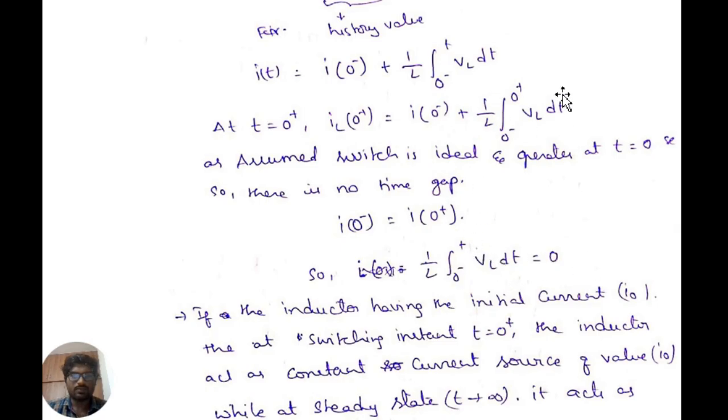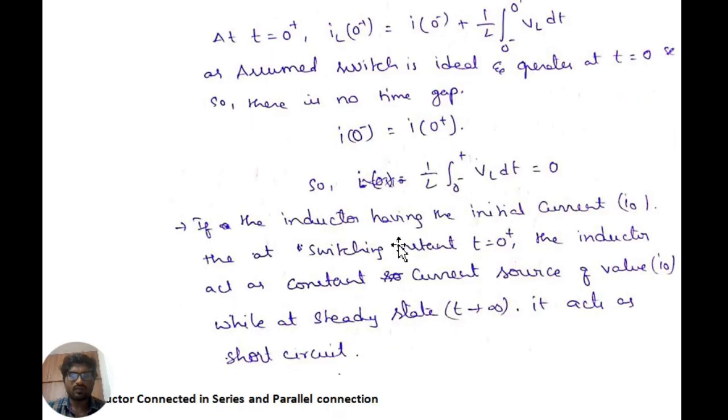So this term is 0. So here I of 0 minus is equal to I of 0 plus. At the switching, just before and just after will be the same. If the inductor has an initial current I0, then at the switching instant 0 plus, the inductor acts as a constant current source with a value I0.